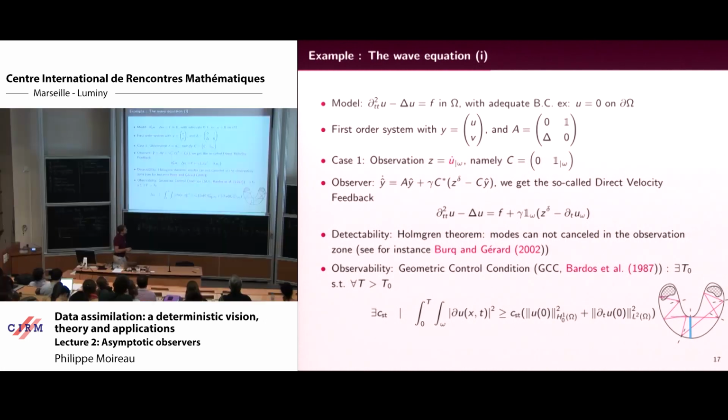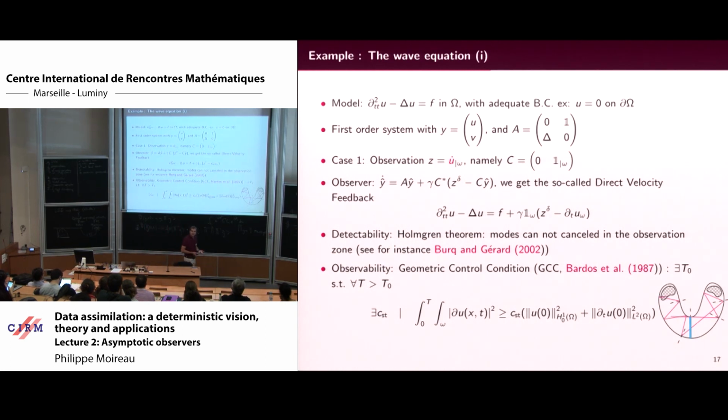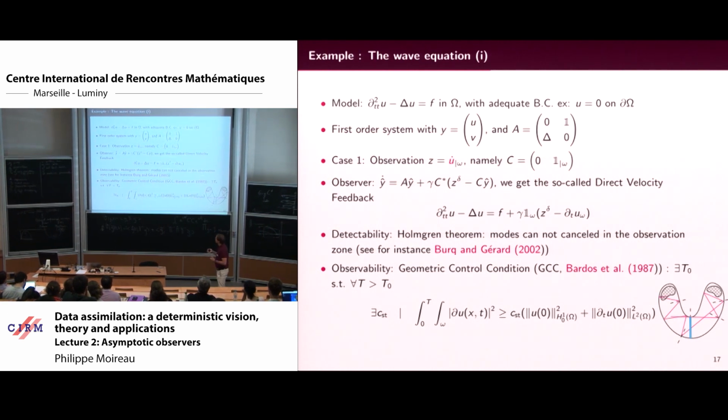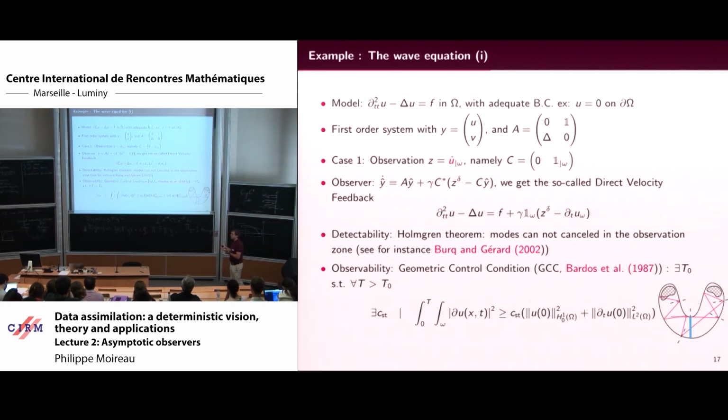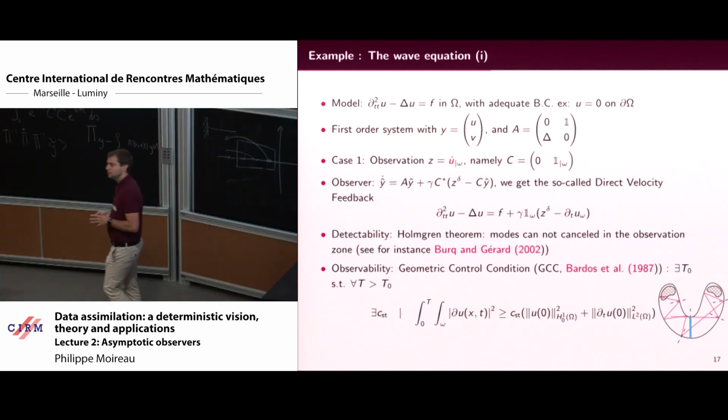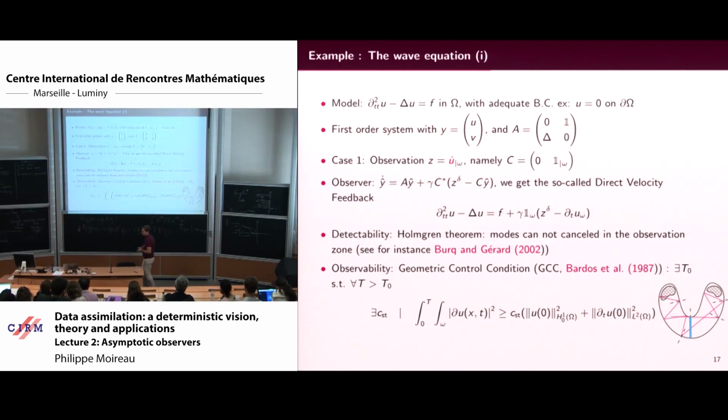Actually, in my example, it's not the case, because I have one ray here that stays here. But for some other domains, you can prove that, and then you will have the observability condition. It's very nice that, for a question of observation, you are able to relate your observation problem to a control problem, which is well studied by the community.